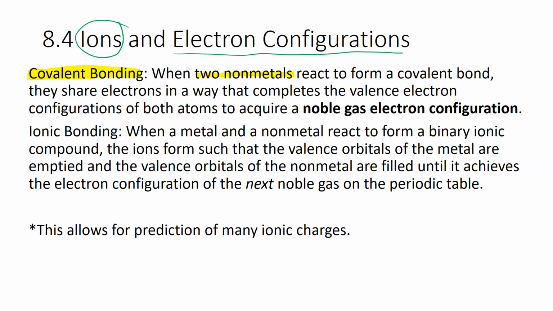So nonmetals do it by sharing electrons with other nonmetals and forming covalent bonds. That's a key here: getting to this noble gas electron configuration is going to be an important part of atoms forming bonds.